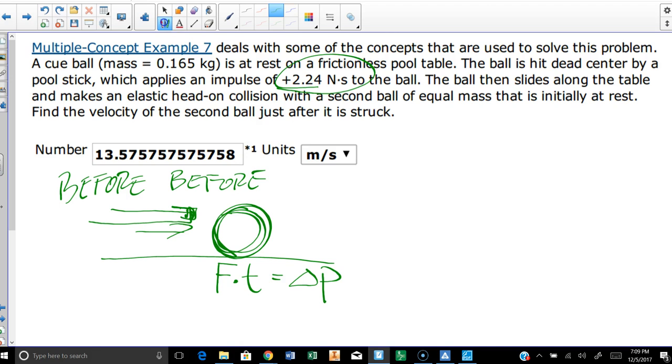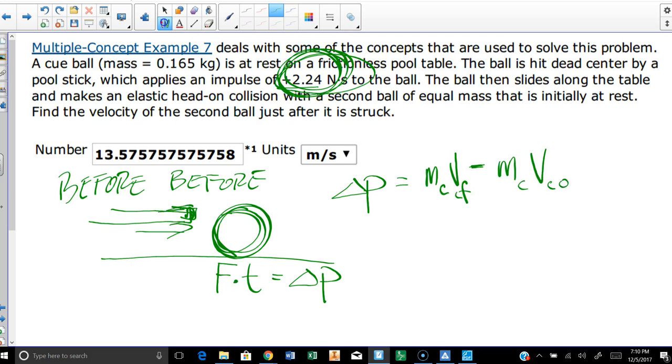So I know that the change in momentum that the cue ball experiences is this. I know that also equals mass of the cue ball, velocity of the cue ball final, minus mass of the cue ball, velocity of the cue ball initial. It's the definition of change in. Of course, before it gets hit by the stick, its velocity is 0, so I can say this is 0.